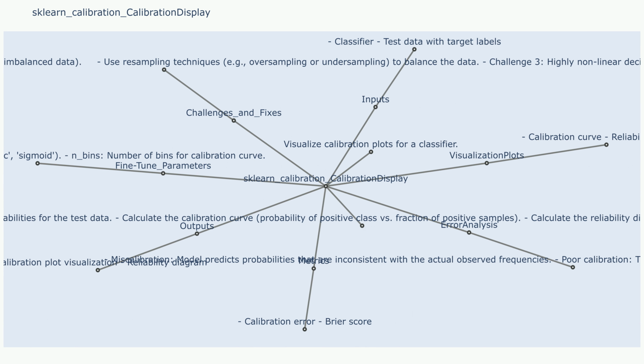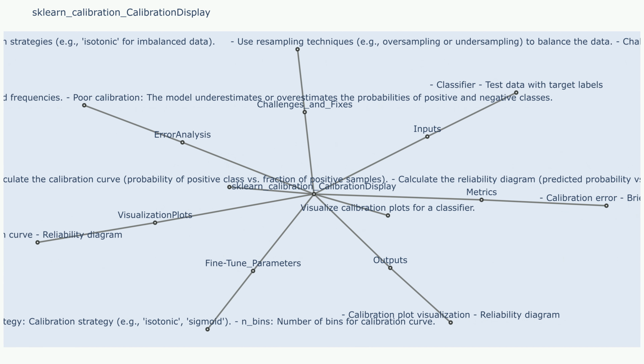Fine-tune parameters. strategy. This parameter controls the calibration strategy. Experiment with sigmoid, isotonic, and none to determine the best strategy for your model and data. n_bins. This parameter, usually found in the underlying CalibratedClassifierCV, determines the number of bins used for grouping the predicted probabilities.